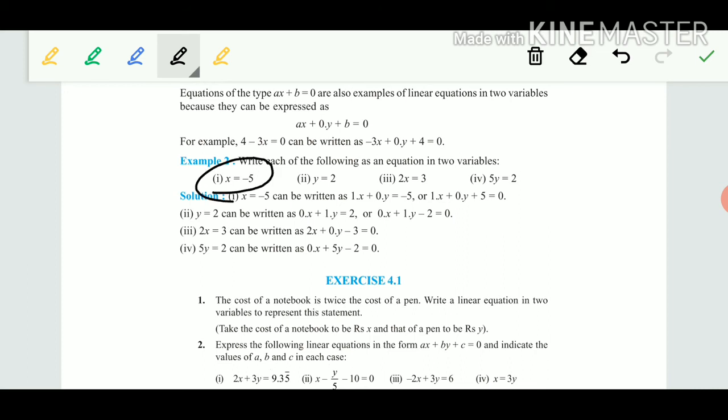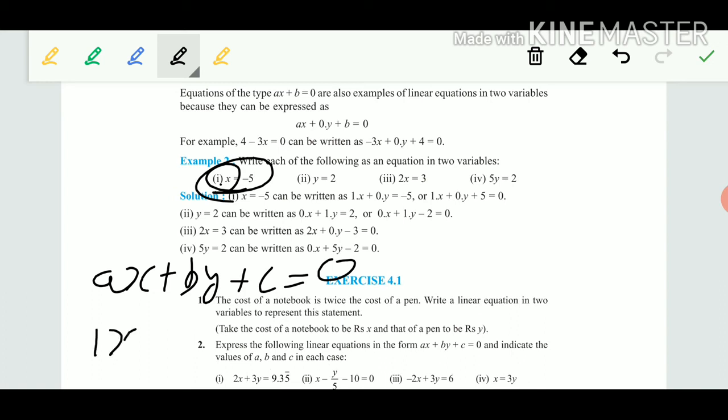So write it in the general form, ax plus by plus c is equals to 0. Put here value, x is given, x coefficient is not given, so its coefficient is 1, so it is 1x. Y value is 0, so coefficient of y is 0, so it becomes 0 into y, plus c, minus 5 is given, on the left side it becomes plus 5 is equals to 0.